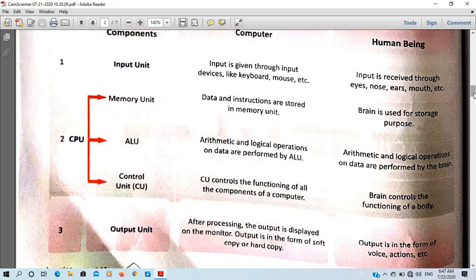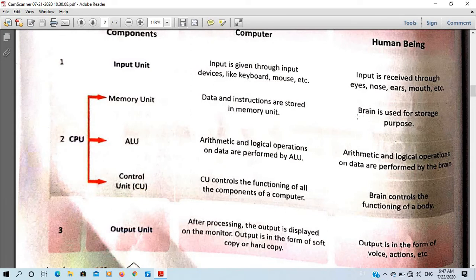As for example, I am speaking this time and you are able to listen to me, and like this you are learning. Okay, so these are the ways to interact with each other. So input is very important.